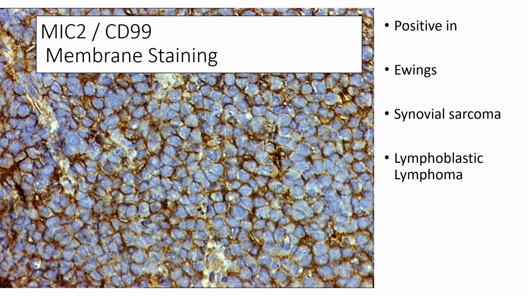And if you look carefully, the brown color is seen at the periphery of the cells. So it is what is known as membrane staining. Now this pattern of staining in the membrane with MIC2 is very important to make a diagnosis of Ewing's sarcoma.